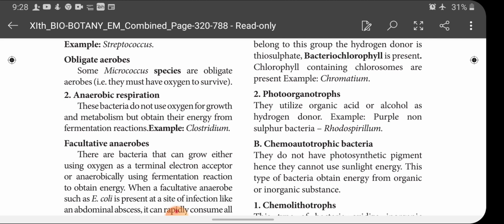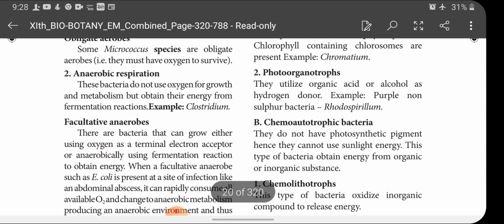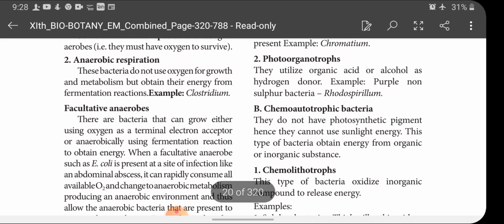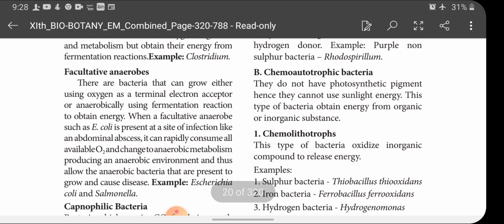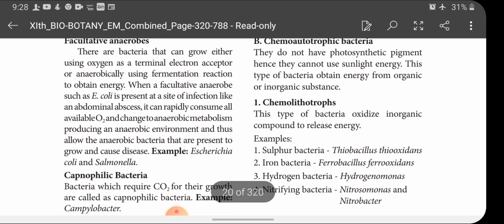When a facultative anaerobe such as E. coli is present at a site of infection like an abdominal abscess, it can rapidly consume all available oxygen and change to anaerobic metabolism, producing an anaerobic environment, and thus allow the anaerobic bacteria that are present to grow and cause disease. Examples are Escherichia coli and Salmonella.